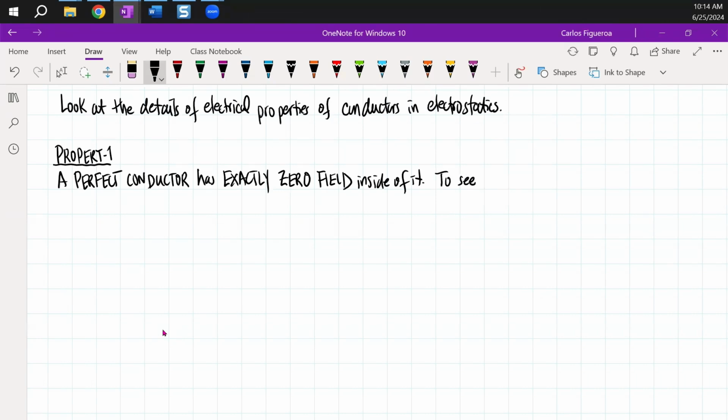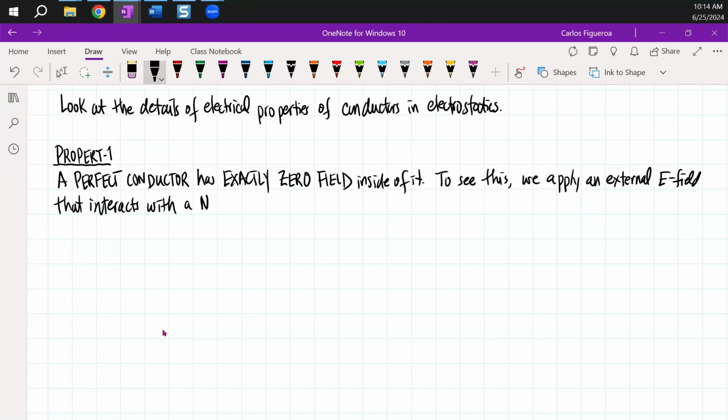To see this, we apply an external E field that interacts with a neutral, hollow conductor.